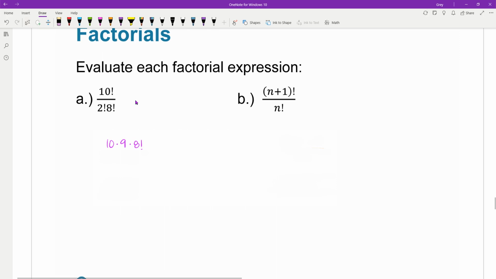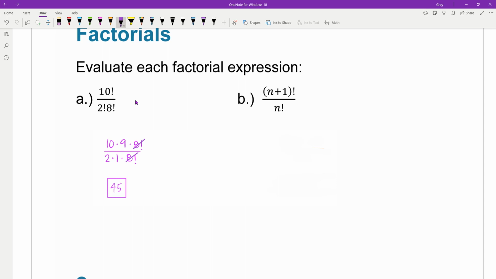And the bottom is going to be 2 times 1 times 8 factorial. Well, I have an 8 factorial on the top and an 8 factorial on the bottom, so it's just 10 times 9 divided by 2, which is 45.